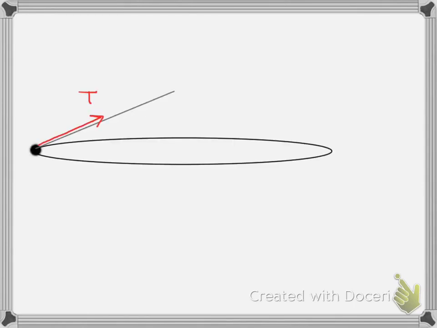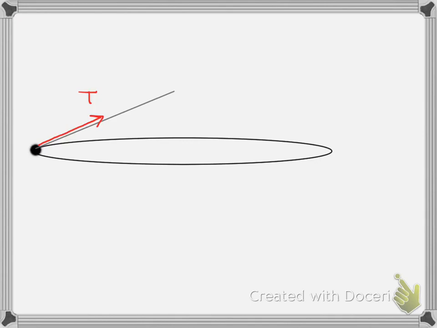Let's consider a ball at the end of a string being swung around in a horizontal circle. Now, if we do that, the string is not going to be horizontal. The object is going to cause the string to pull down at an angle.